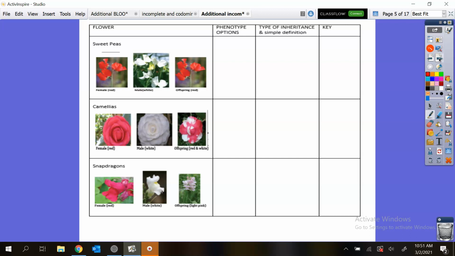So for sweet peas here, the phenotype options that we have are red, white, and that's pretty much it. So remember, the type of inheritance would just be dominant versus recessive, like we were saying before.